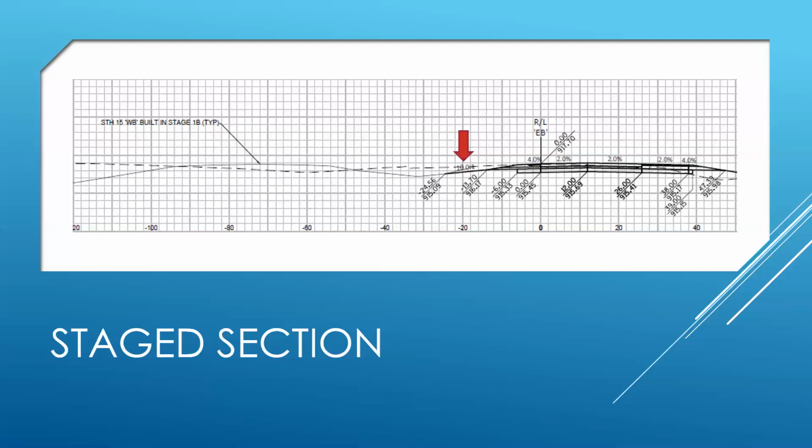And where we sort of logically broke up our eastbound and westbound for our staging concepts became less desirable. We had crossovers built in before that were no longer going to be used. We had to create new crossovers in different locations. All in all, the stage model that we used to break up logically became a little more difficult to work with.